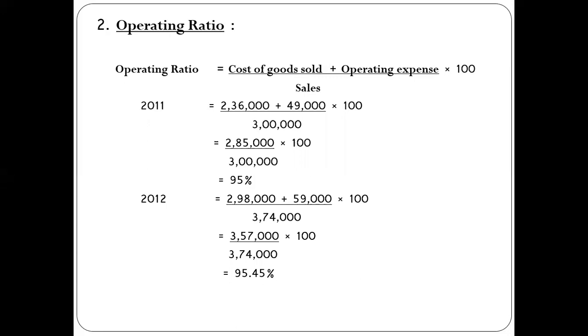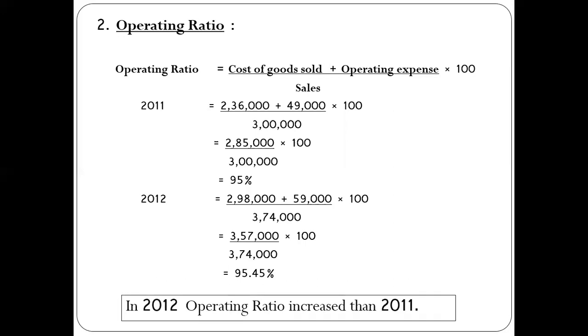So the expense ratio is increasing and the profit ratio is decreasing. You are getting the point? So we can write down: in 2012 operating ratio increased than 2011.